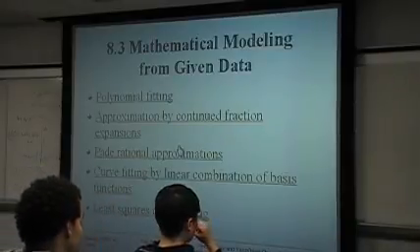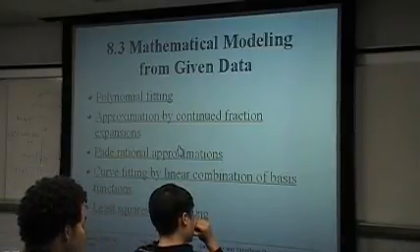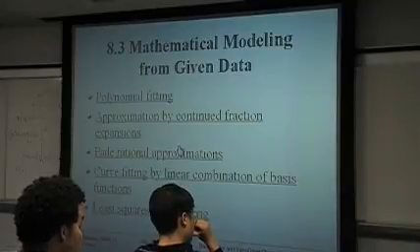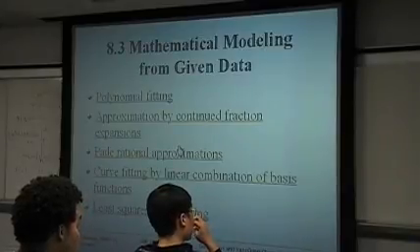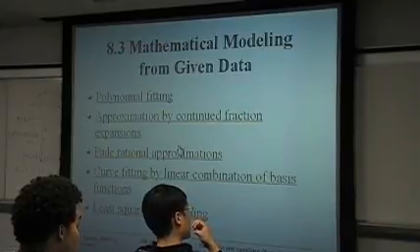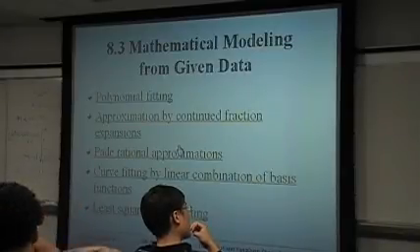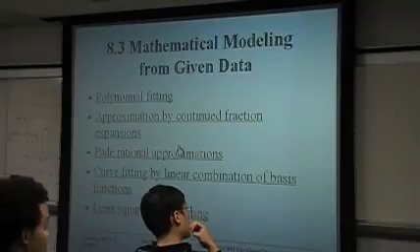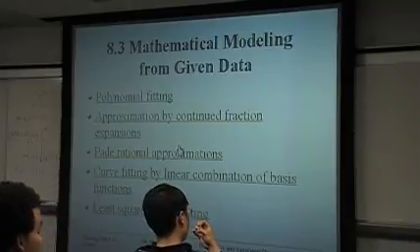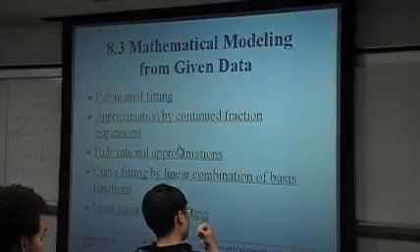If we already have a function, how can we approximate another simpler function? For instance, we can approximate it with a rational function like this, where n and d are polynomials. We can use this kind of function to approximate a given function.